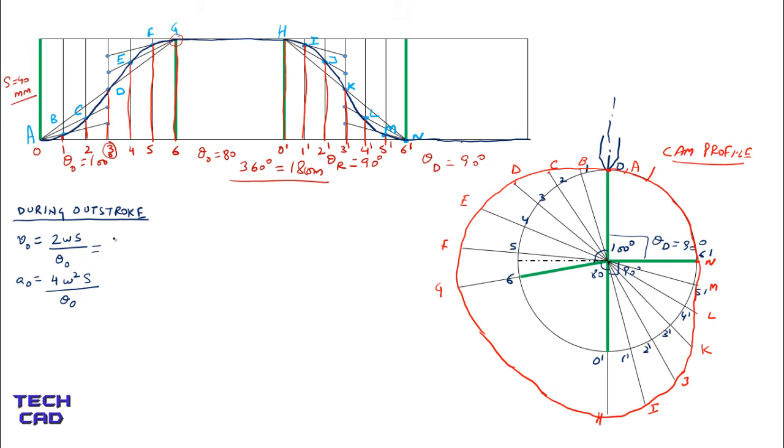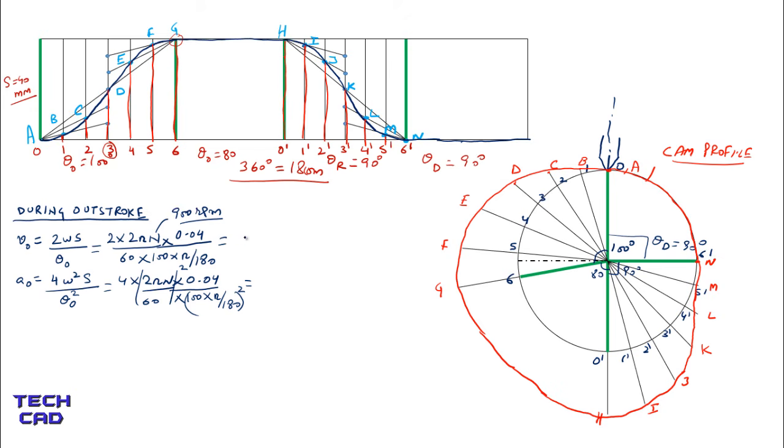Now just putting the values. So these are the values for the maximum velocity and maximum acceleration after putting the values to all the variables.